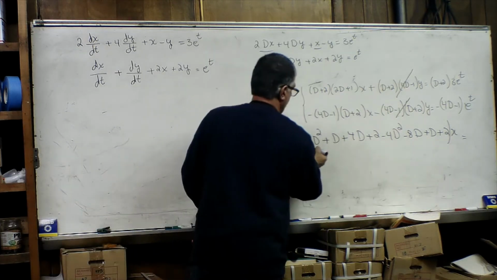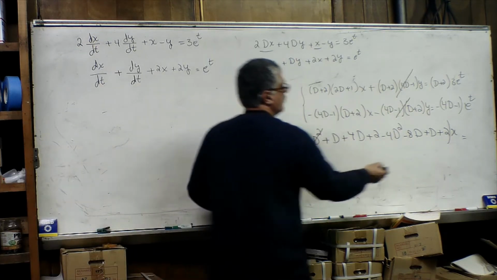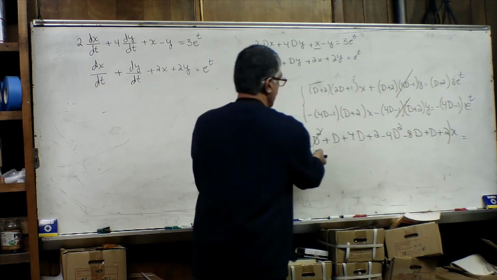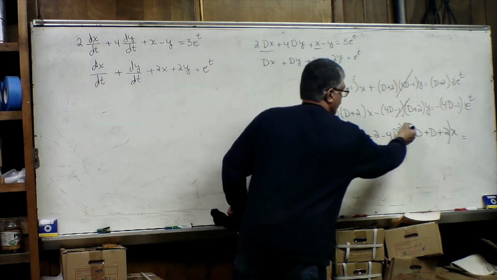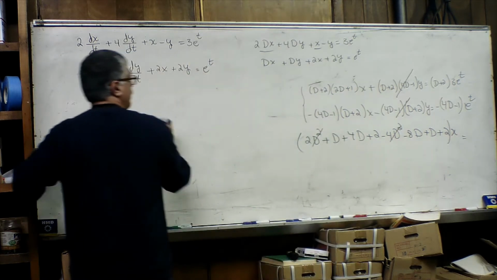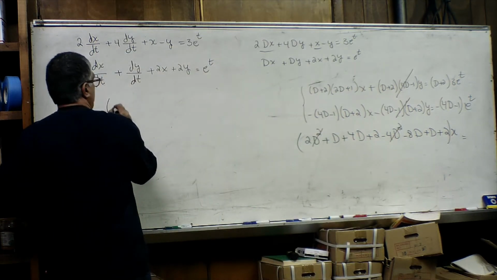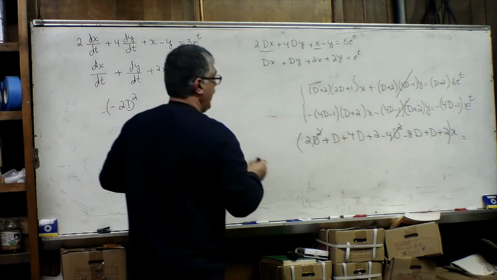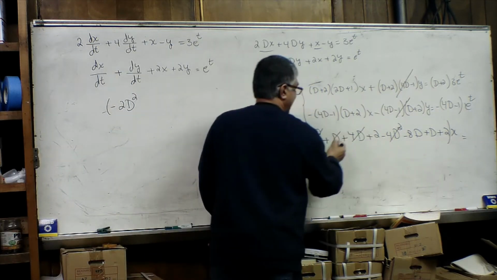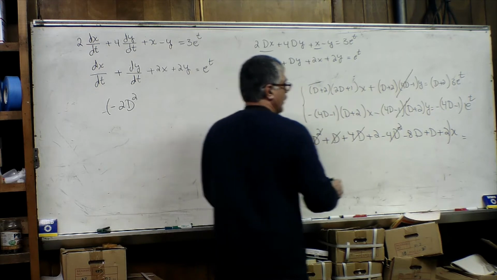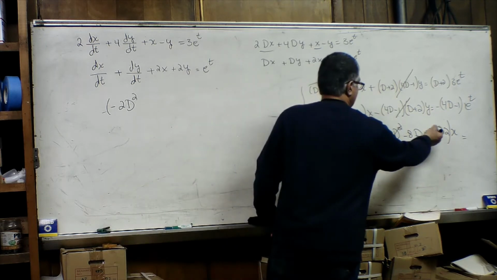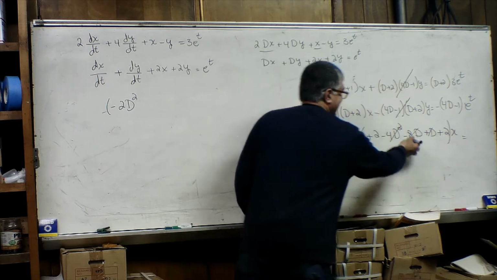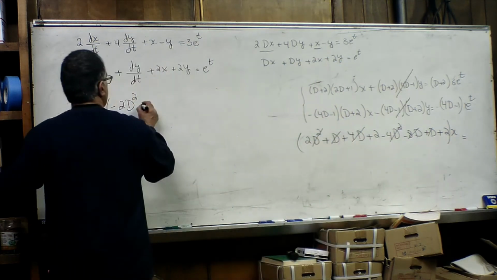We have 2D squared and minus 4D squared, which will be minus 2D squared. And 4D and D is 5D, 5D and D is 6D, 6D and minus 8D will be minus 2D.